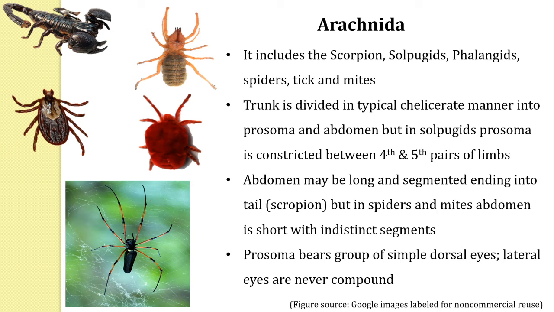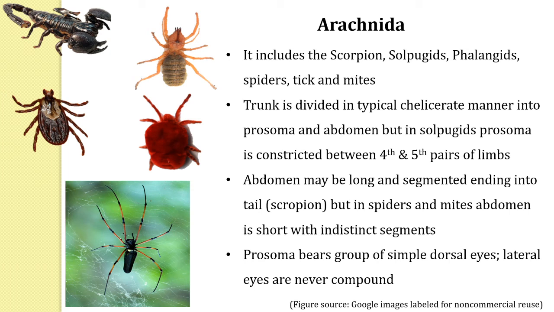But in the case of the solpugids, the prosoma is constricted between the fourth and fifth pair of limbs. The abdomen may be long and distinctly segmented, in which the distal part is narrowed and has the form of a jointed tail. But in the case of spiders and mites, the abdomen is very short and rotund with indistinct and suppressed segmentation. So segmentation is generally very indistinct or suppressed in the case of spiders.